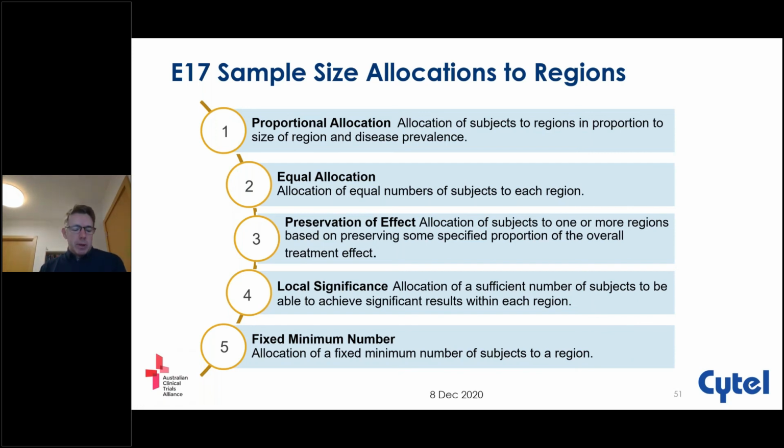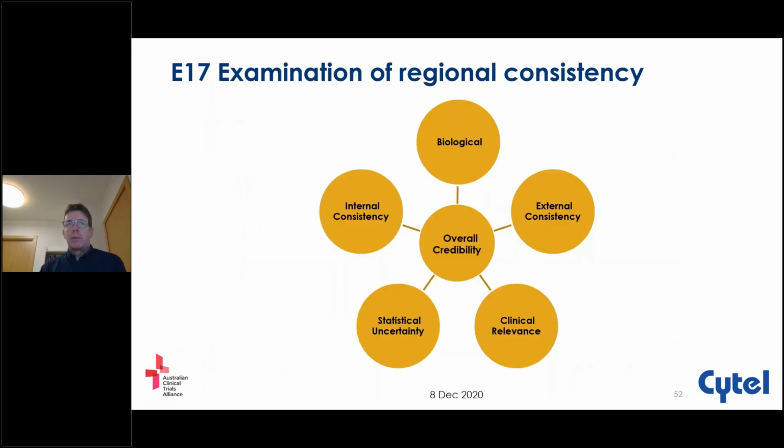Let's turn now to the analysis of multi-regional trials. The examination of regional consistency once you have the data in your hand would sound like a statistical exercise, but actually the guidance talks about being holistic in region-to-region variability of treatment effects, and gives some quite specific guidance around whether there should be, is there a biological reason why there should be differences?